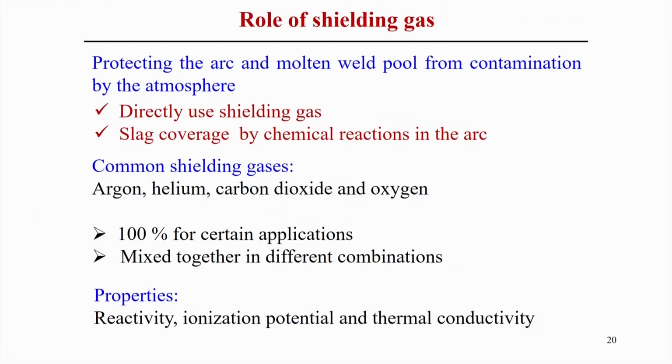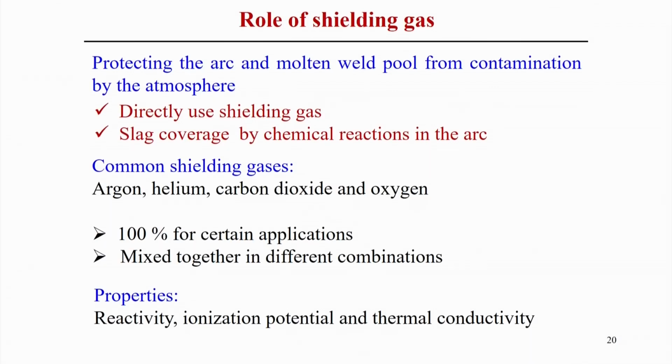Now, this is an essential part of the welding process unless the welding happens in vacuum. If it happens in vacuum, there is no question of contamination of the molten weld pool by the atmosphere. In almost every welding process, we can protect the molten pool from the outside atmosphere in different ways, either by directly using the shielding gas or in another way.